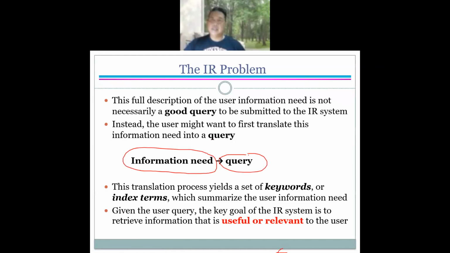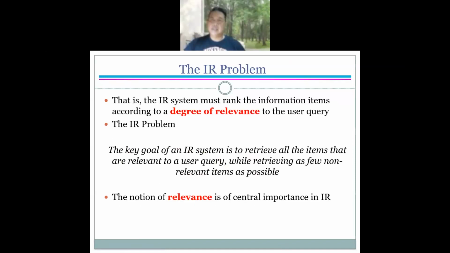That is what we're going to study. And we are looking at the degree of relevance, because in trying to retrieve the document, we're looking at the degree of relevancy of the document.